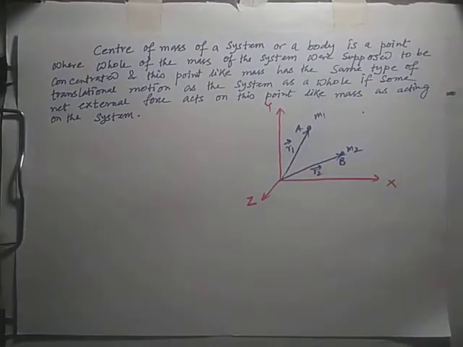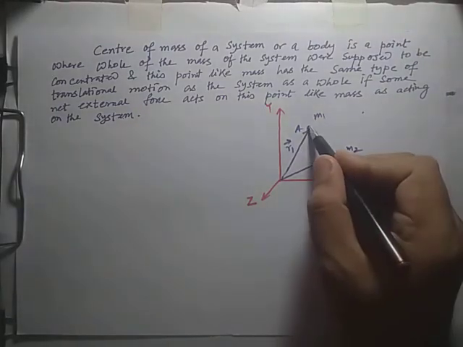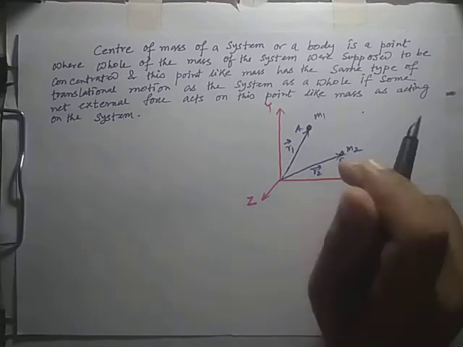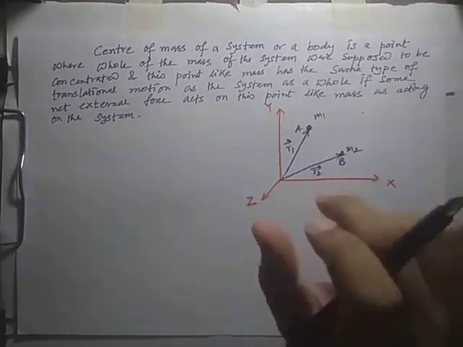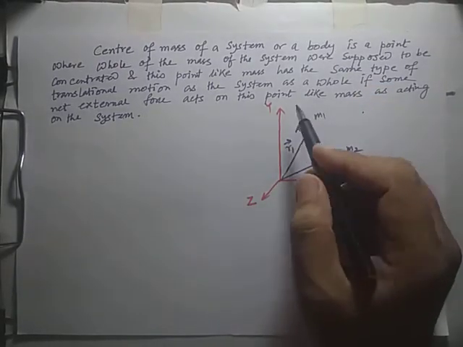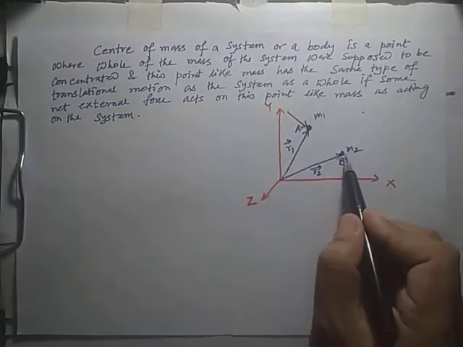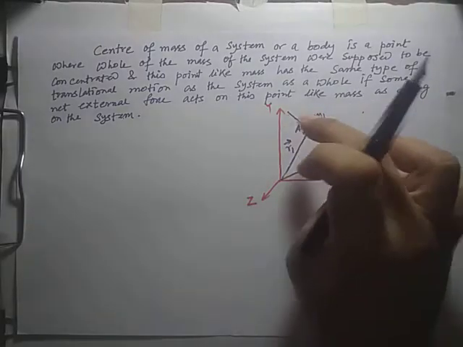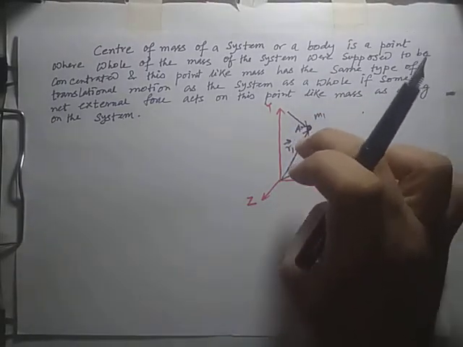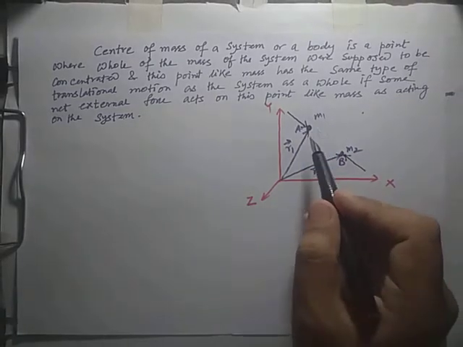Now in this system there are two point-like masses, and we are going to apply forces externally. We will apply one force here, another force here. But the object is a rigid body, so the shape and size of the object will remain fixed.